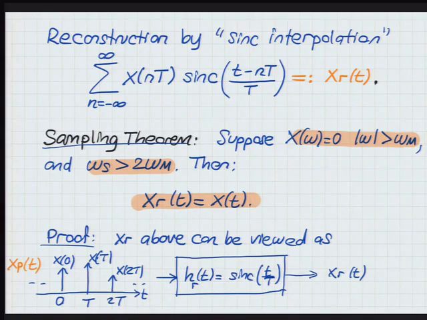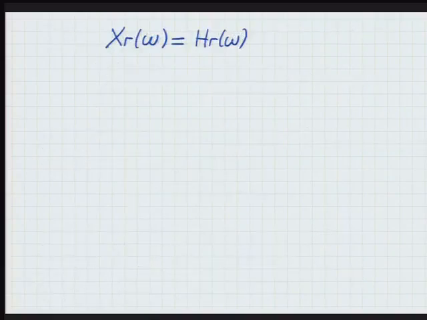So then we have X_P of omega. First, we viewed our interpolation as the output of an LTI system, and we did that because LTI systems have many advantages, one of which is being able to write the output in the Fourier domain as a product.